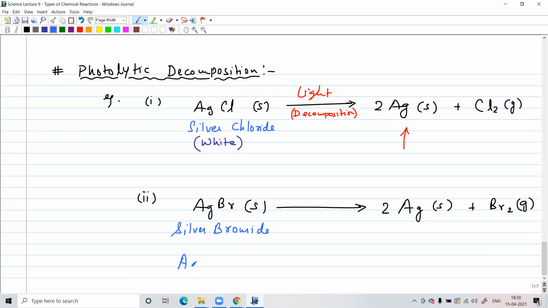If I put AgI, it will become silver iodide: chloride, bromide, iodide. Okay. And the color of this silver bromide is pale yellow. So of course I can't write in white color, so I'm using white.